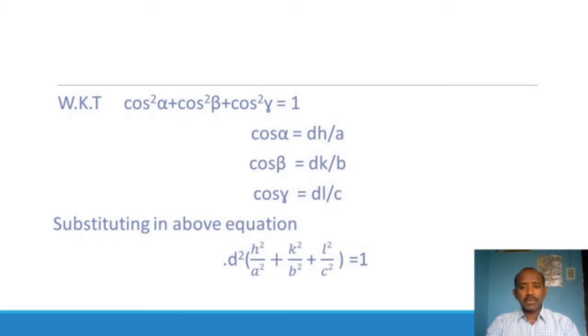In that equation we take d square as a common factor. Then we get d square into h square by a square plus k square by b square plus l square by c square is equal to 1.